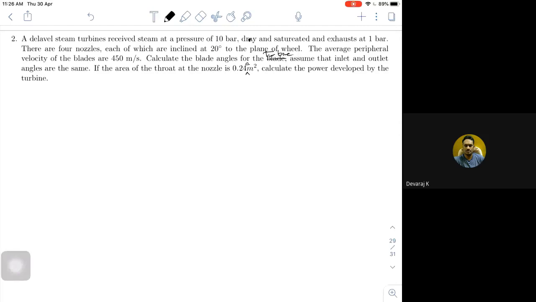If I go with the graphical method, I have to use the graph sheet. Going with the graphical method is a bit time consuming unless you put in sufficient practice in drawing velocity triangles graphically. Otherwise, don't attempt that. Go with the theoretical method, that is, the use of trigonometric principles. Okay. Let us write the data. What is given?